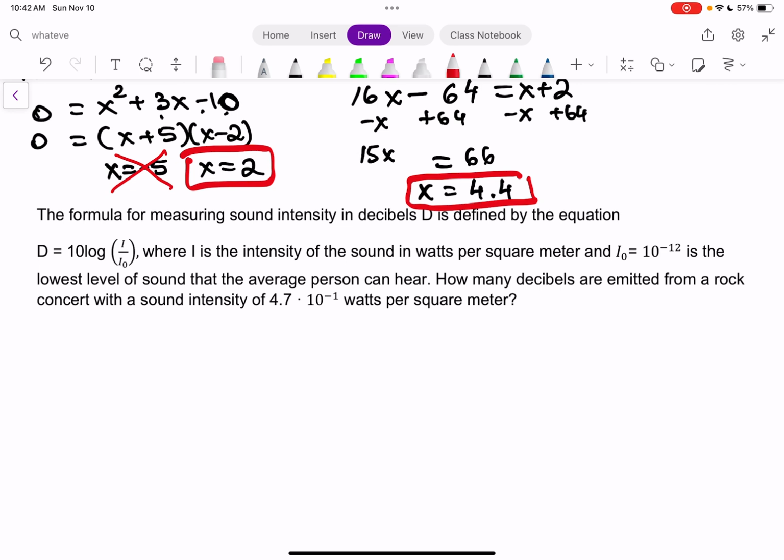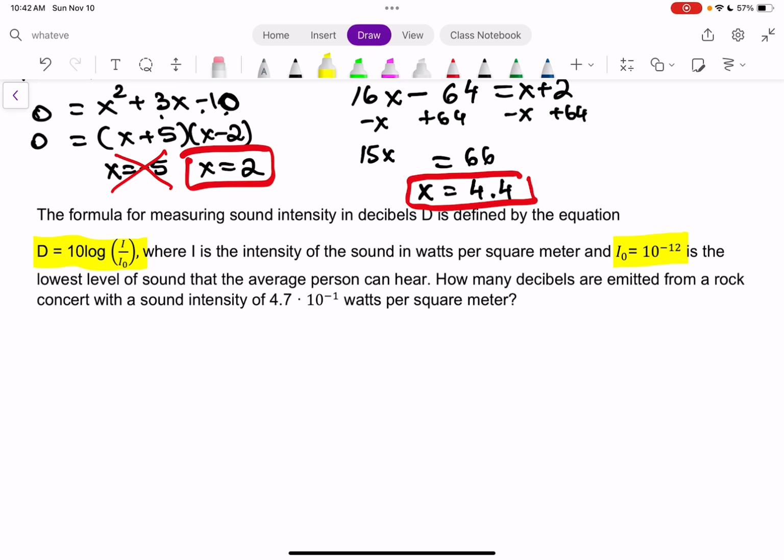So the formula for measuring sound intensity in decibels, D, is defined by this equation right here, okay? Where I is the intensity of the sound in watts per square meter, and I naught, we call this I zero, which is 10 to the negative 12, is the lowest level of sound that the average person can hear.